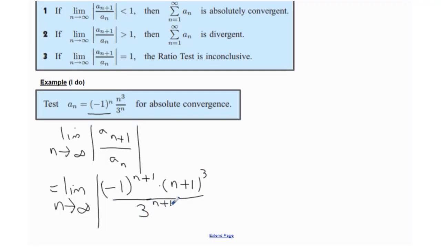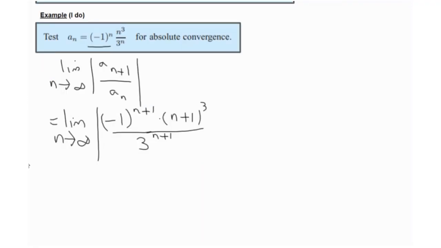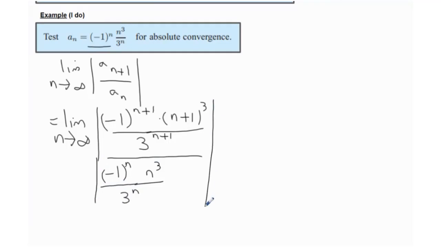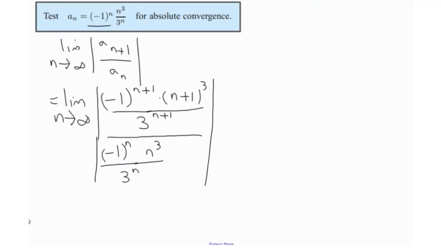That is your n+1 term, all over a_n, which is (-1)^n times n cubed over 3^n. And the absolute value of all of that, so it's going to need quite a lot of tidying up.